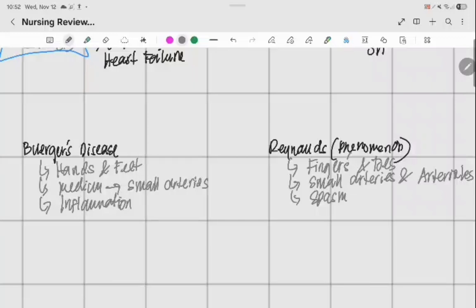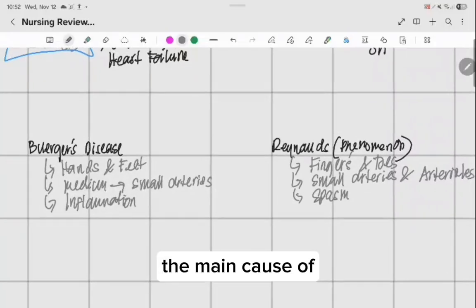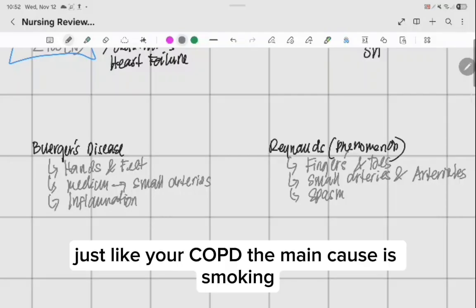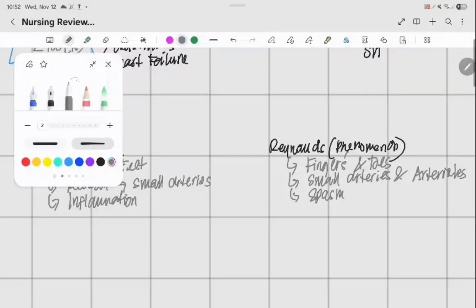So that's why when you see Buerger's, the main cause of the problem would be just like your COPD. The main cause is smoking.